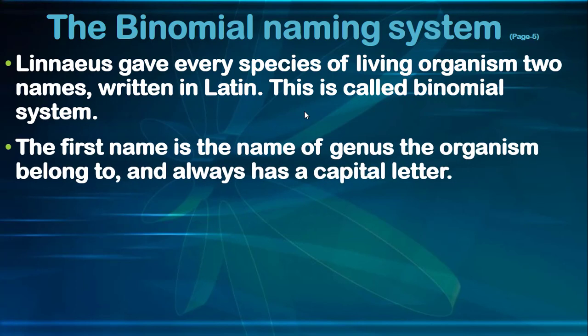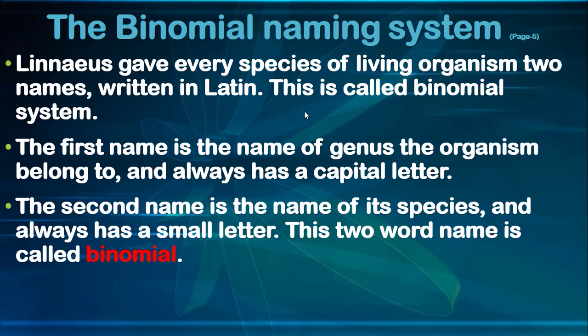The first name is the name of the genus the organism belongs to and always has a capital letter. The second name is the name of its species and always has a small letter. The two-word name is called binomial. For example, Homo sapiens is the biological name of humans.